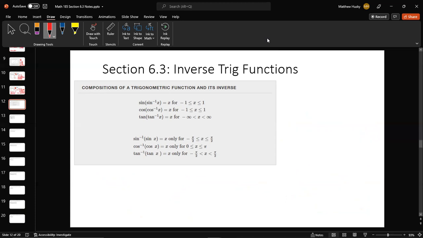So here they're talking about compositions and what happens if you compose a trig function with its inverse. And fun fact, composition with inverse trig may put you in a different quadrant.